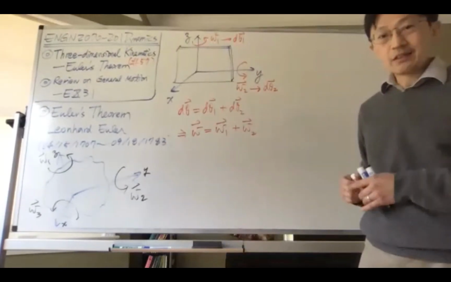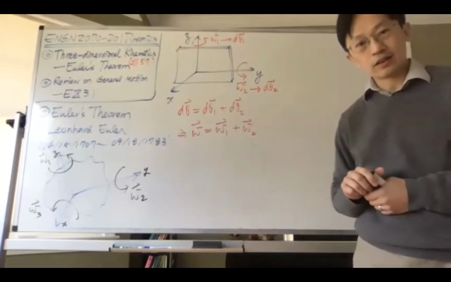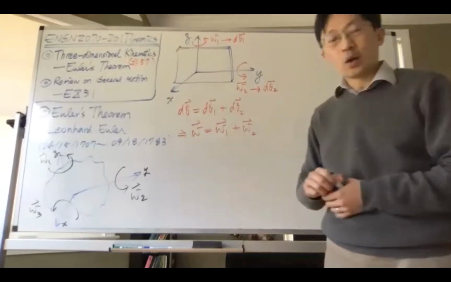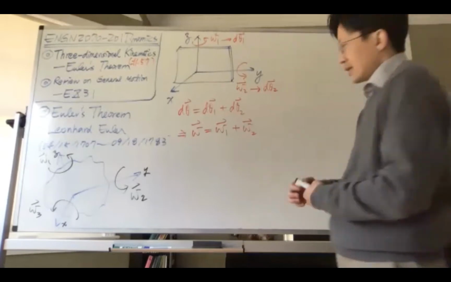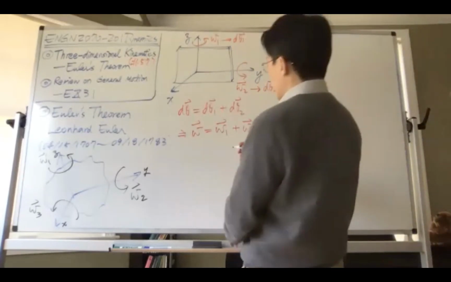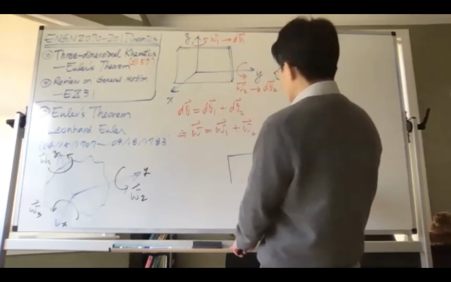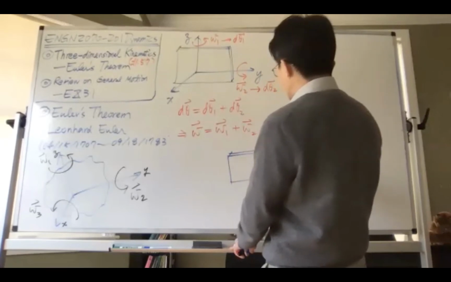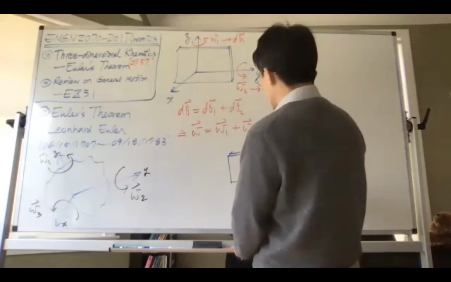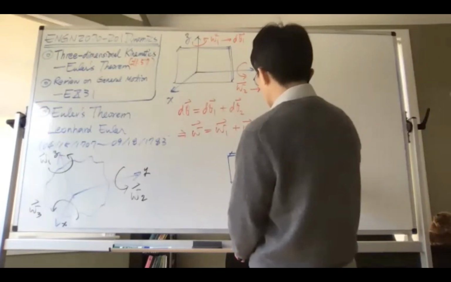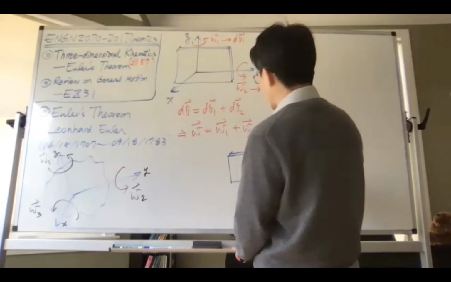Now, what's the significance of this? The significance is that if this is true, now we can actually consider more interesting problems. Suppose we still have the plate, defined like this. And you can define a local coordinate system. And this local coordinate system, usually we like to choose the center of gravity, right?